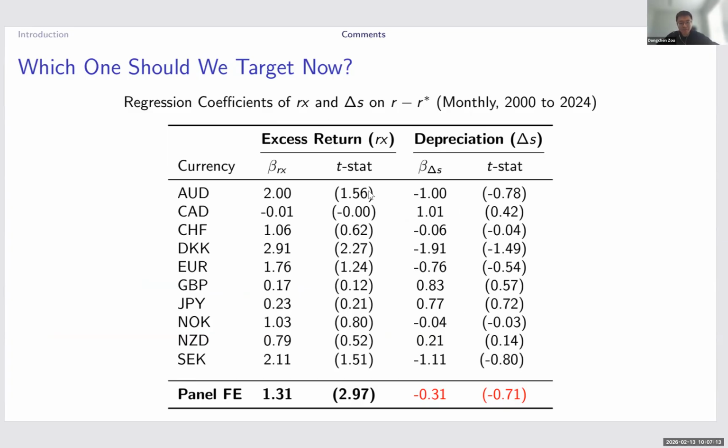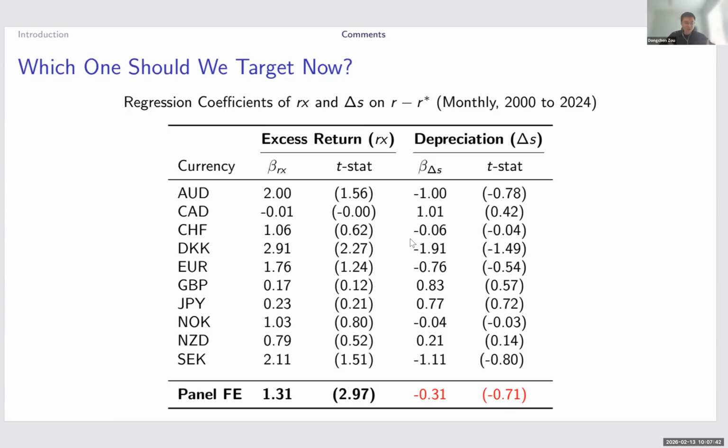If you see, like Tarek said, if you look at just regression by regression, you don't see much significance here, right? So that was the problem when we do panel regression. Maybe it's because we have a much weaker significance power when we do currency by currency.